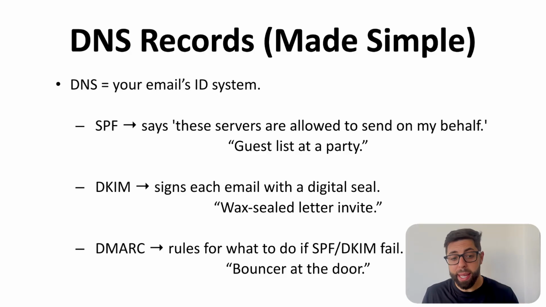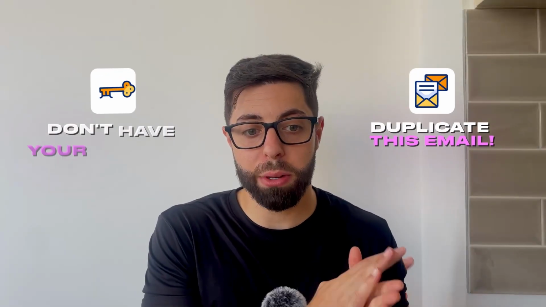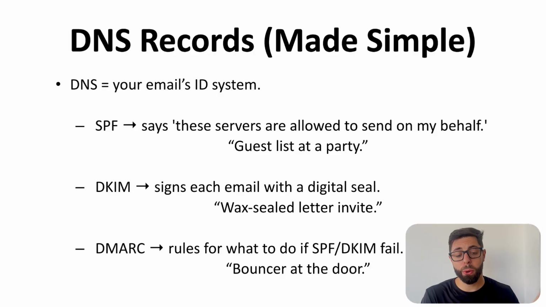Next, if you have a DKIM key, this is almost saying that every single email that you send has a wax sealed letter invite on it. So no one else could duplicate this email because they don't have your DKIM key. Now, thirdly, DMARC is essentially saying that, hey, whenever we don't have an SPF or a DKIM record, we know what to do. And you could almost think about this as a bouncer at the door of a party.